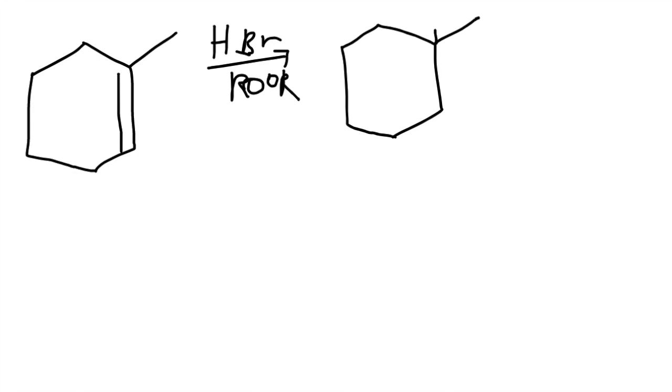Draw that. You don't have to draw the hydrogen, but always know that it's there. And the bromine would go on the other end with the carbon that has the least amount of substituents. So this carbon is secondary, while this carbon is tertiary. So that is why it goes there. So this is our final product for this problem.